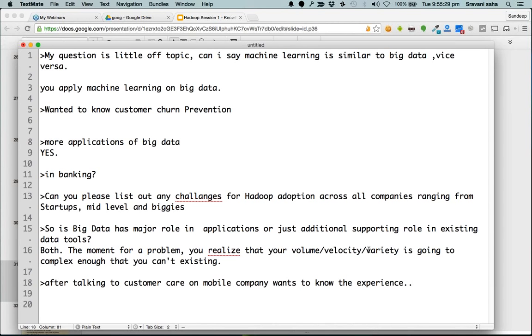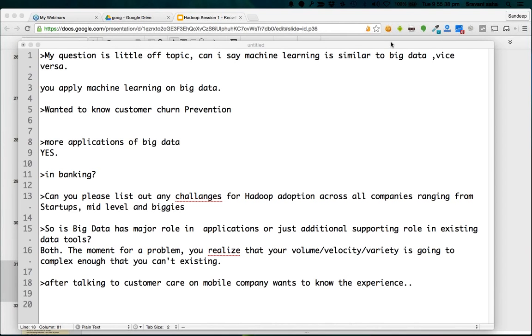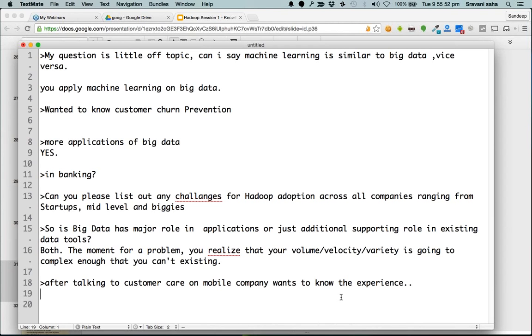After talking to customer care on mobile, the company wants to know the experience. This is not really a great sentiment analysis example.